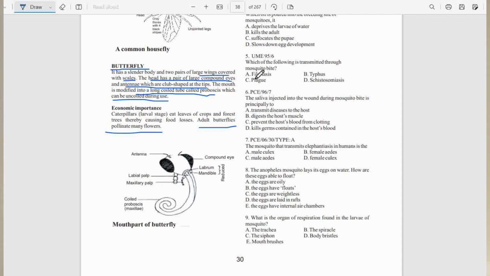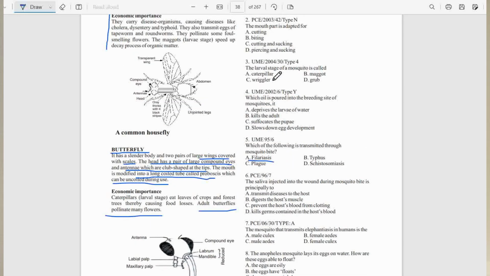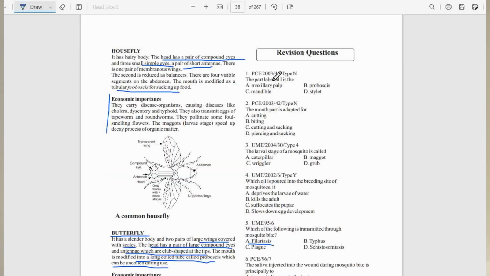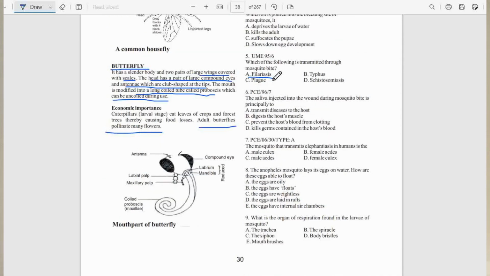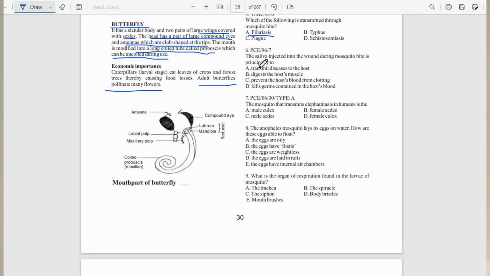Okay, so now you can see, I think the glaring answer here is the filariasis, which we mentioned earlier, and that is carried by the female Culex mosquito. All right, the female Anopheles mosquito causes malaria.